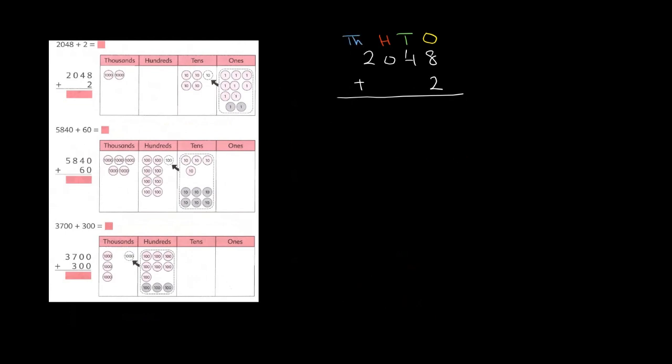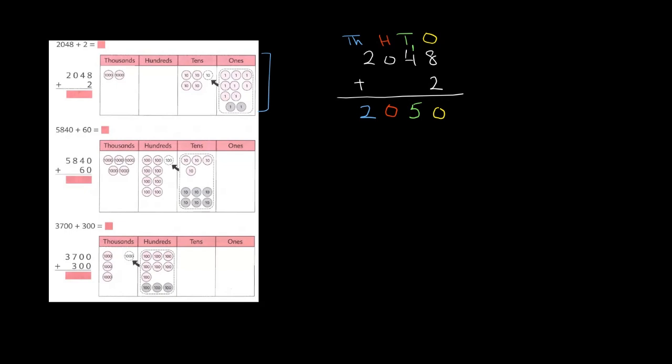So now you can see that 8 ones plus 2 ones is 10 ones, but the 10 ones becomes a 1 ten, and this is the 1 ten. Now I have 4 tens plus 1 ten, which is going to be 5 tens, and then the 0 hundreds stay as 0 hundreds, and the 2000s stay as 2000, so the answer is 2050, and that is exactly what you can see happening right over here.